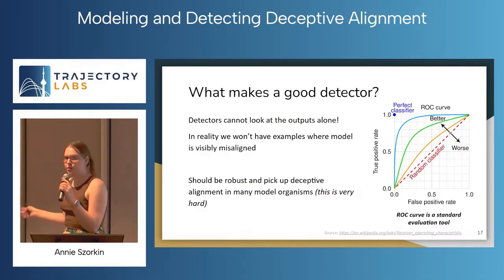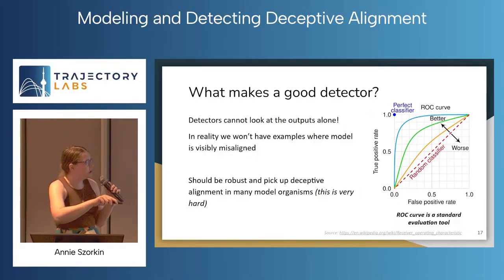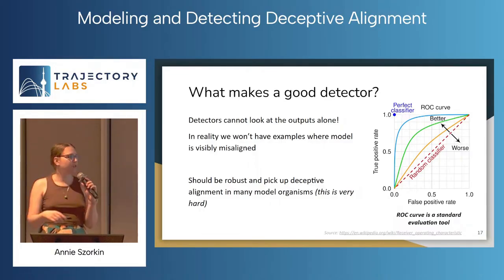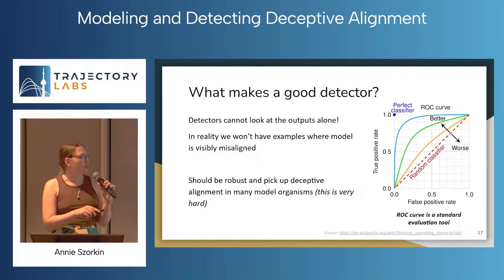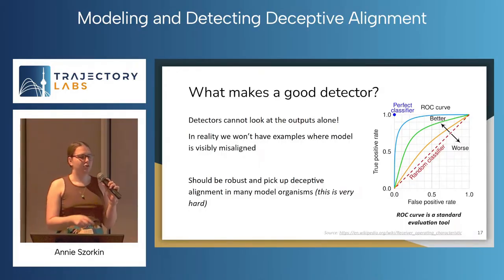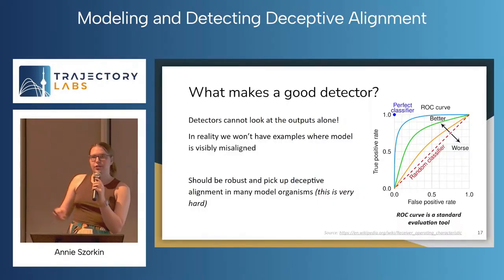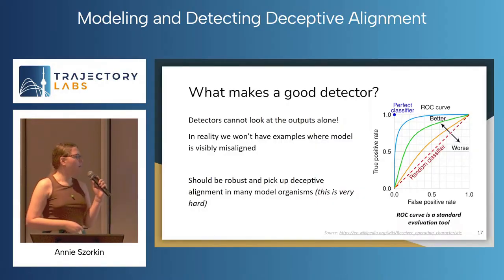It's a very standard procedure in statistics that essentially the diagonal is random chance, where you toss a coin and choose one of the options. And the higher it is, the sharper it is over here, the better the classifier is. So the perfect classifier would go straight up and then straight to the right. It's a very visual way of seeing how good your classifier is.